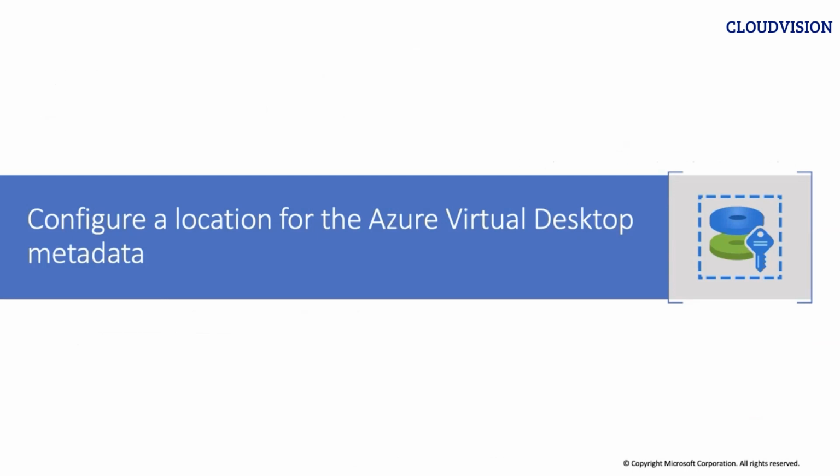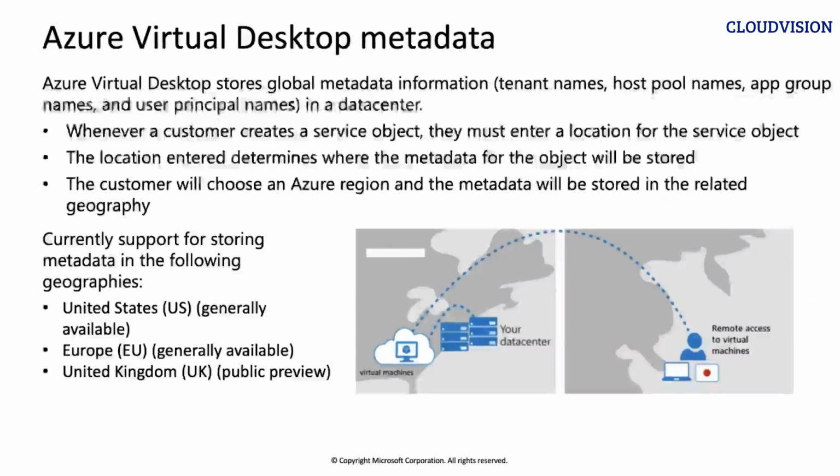In the same way, you're configuring a location for the virtual desktop metadata. So when it comes down to the customer, Azure Virtual Desktop stores the global metadata information as well. Where? In the data center. These things are all stored within the data center, the metadata, and the metadata is the one which has your tenant names, your host pool names, your app group names, your UPNs, user principal names, everything it can be.